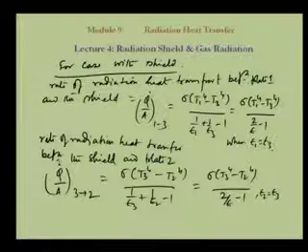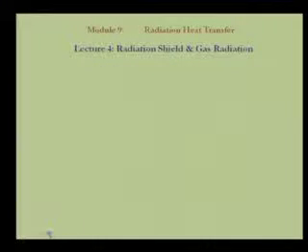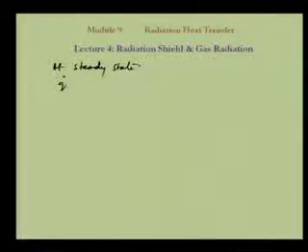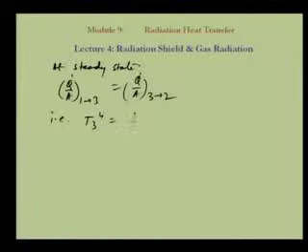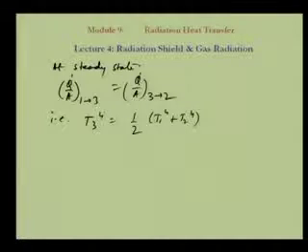So, under this situation, at steady state, q dot by A from 1 to 3 will be equal to q dot by A from 3 to 2. That means it gives us that T 3 to the power 4 is equal to half of (T 1 to the power 4 plus T 2 to the power 4).